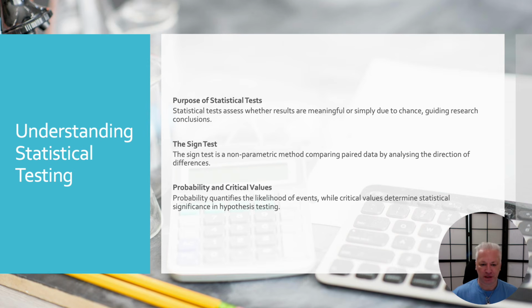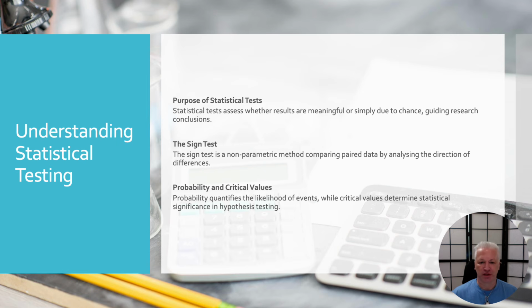Statistical tests help us to understand results and check whether they're due to chance or not. The sign test, for example, is a non-parametric method used to compare paired data by analysing the direction of differences.